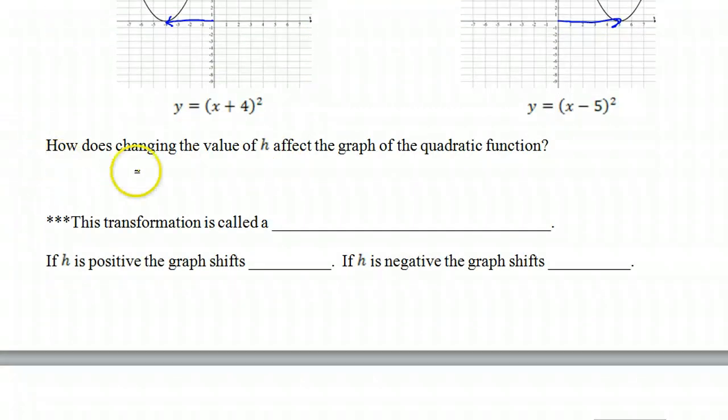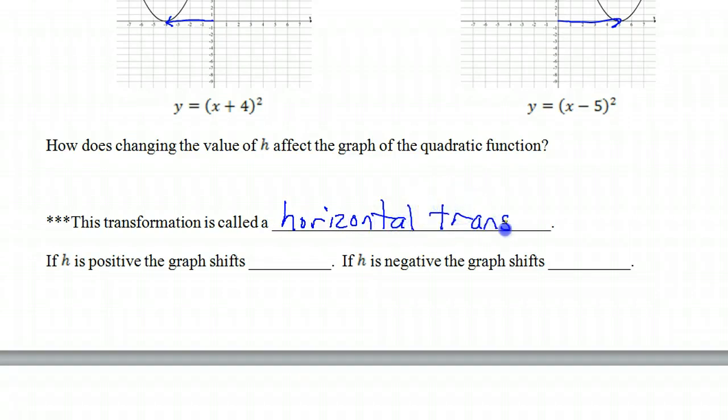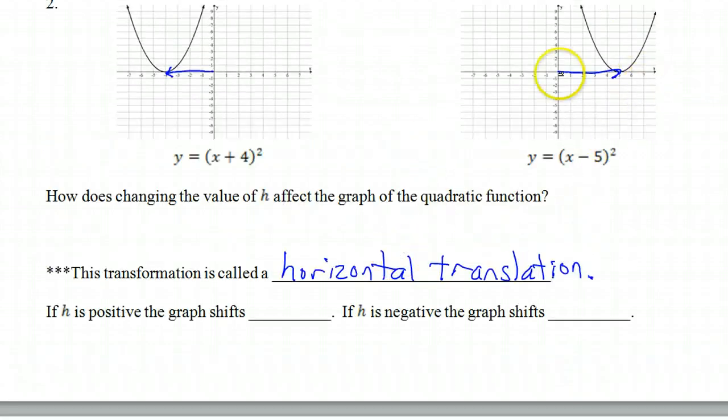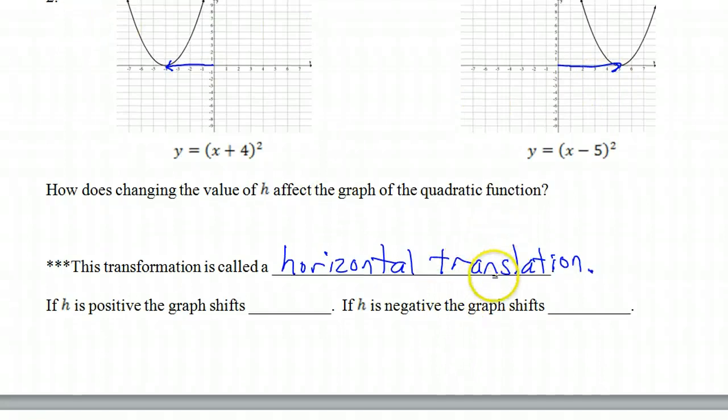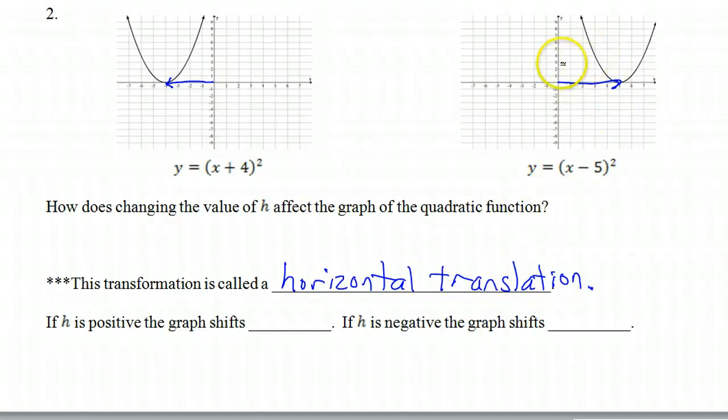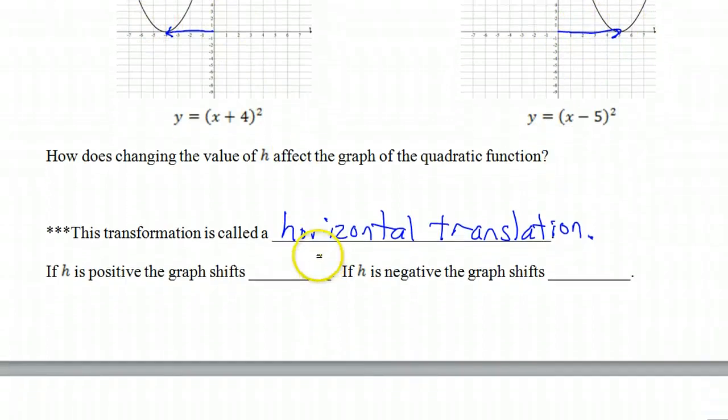So I don't know why there's all this space here.